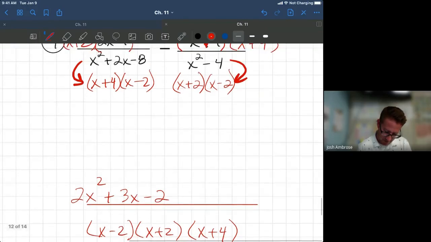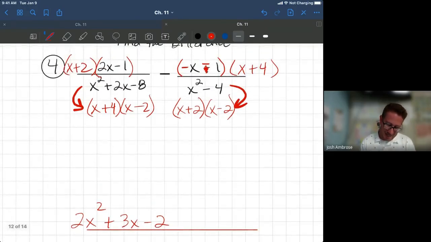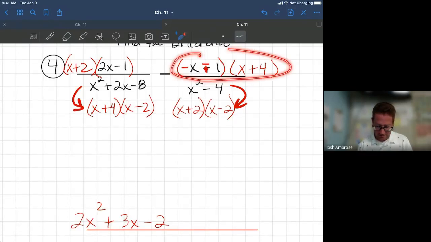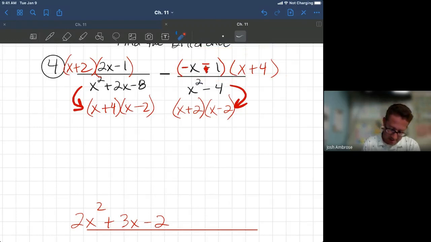Okay. All right, now we have to do the exact same thing on this side. Two binomials. -x times x. That makes a -x squared. -x times a positive 4 makes a -4x.